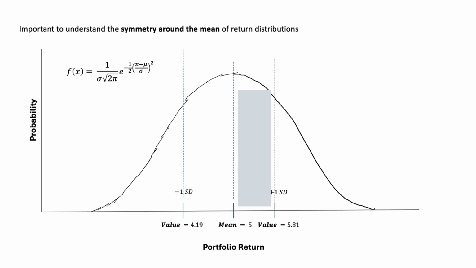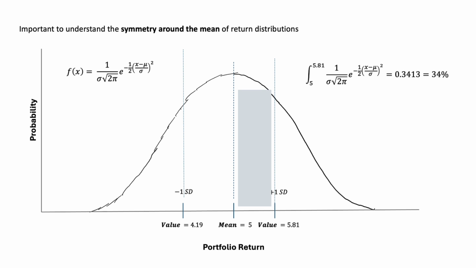You could, of course, estimate the area, but if you want to be more precise, you would take what's called the integral of that. And if you know your calculus, it's essentially the integral between 5 and 5.81 of that function.